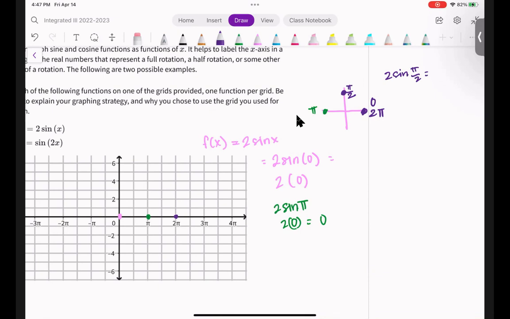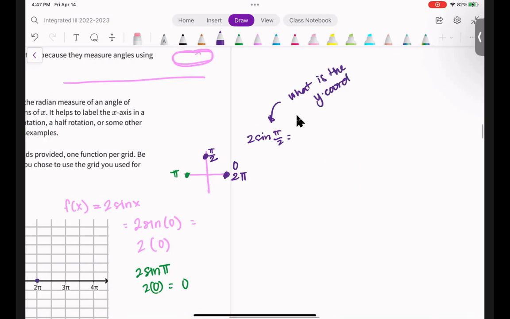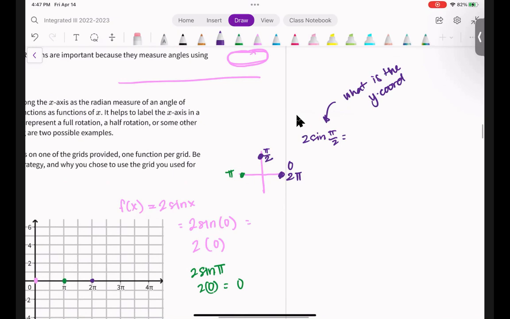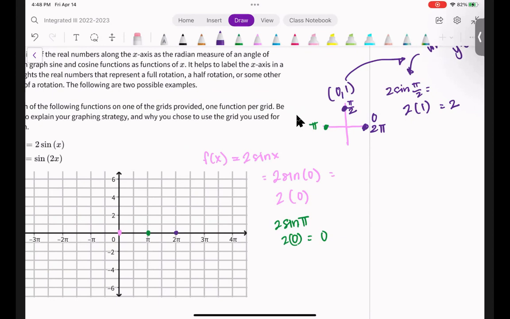The sine of pi over 2 is the y of this point. What is the y coordinate? The y coordinate here is going to be 1, right? Because this is (0, 1). So this is 2 times 1, which is 2. So pi over 2, 2.